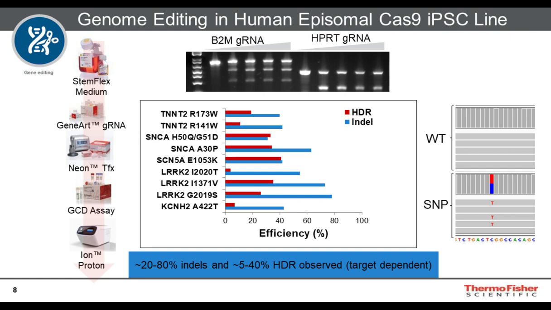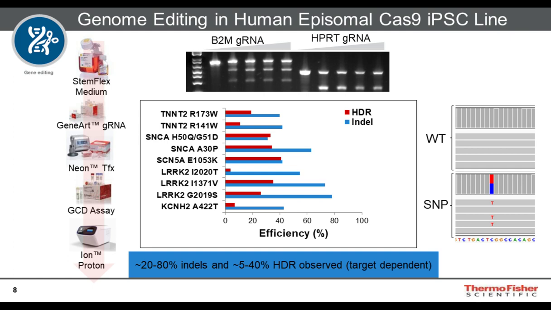On the right-hand side of the slide, you have an example of what a next generation sequencing result looks like. You can clearly see, between a wild type and a sample that has some SNPs, the presence of SNPs on a number of alleles. When you look at that from a broader picture, over the 9 targets that we looked at here, for all of those targets, we typically get about 20 to 80% indel introduction efficiency.